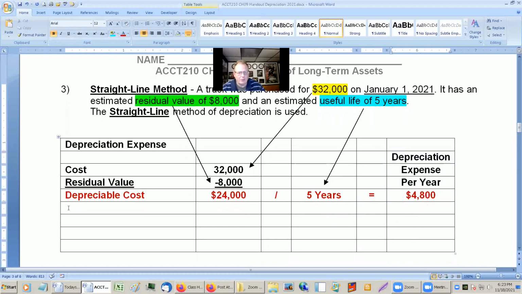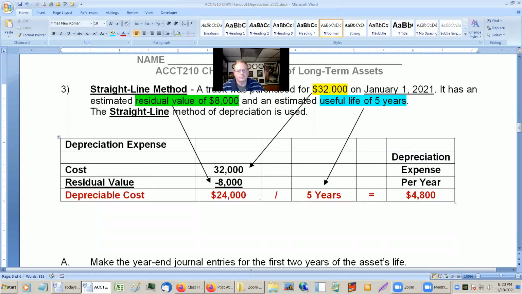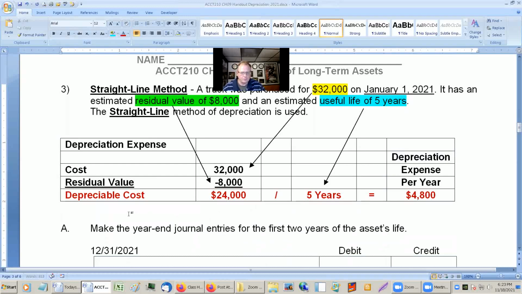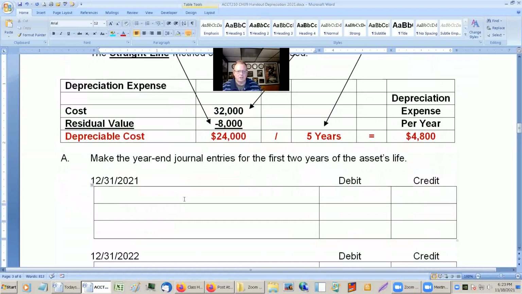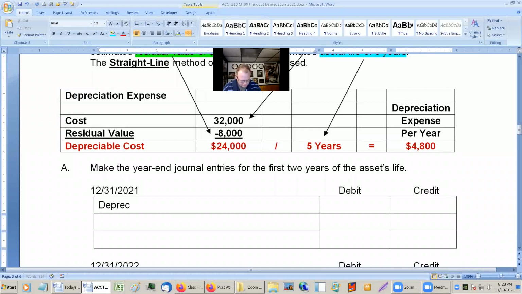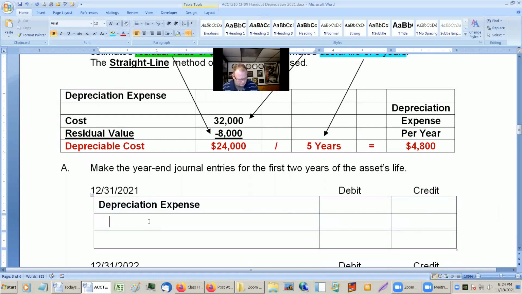I'll just leave it like that. So at the year end, this will be our depreciation expense, and accumulated depreciation, and it's going to be 4,800 every single year.